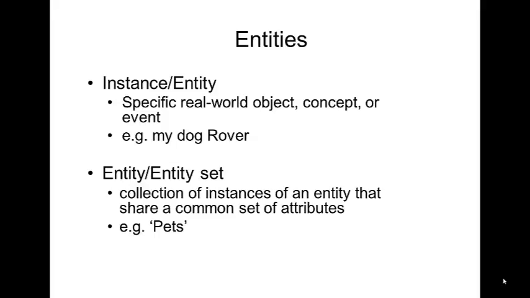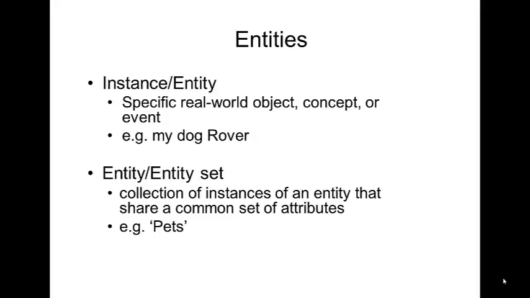In object modelling terms, an entity is a collection of instances of an entity that share a common set of attributes. So, for example, pets. In relational terms, this is sometimes called an entity set. So this is confusing.